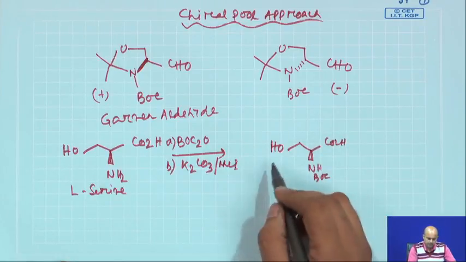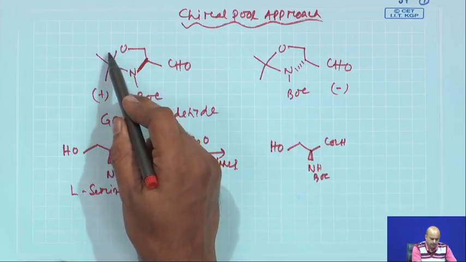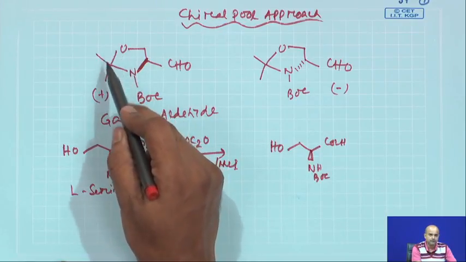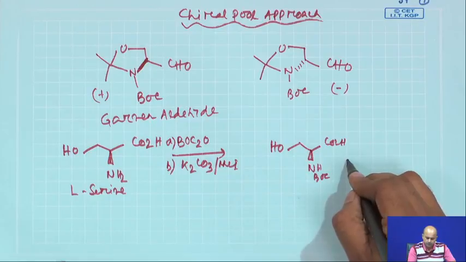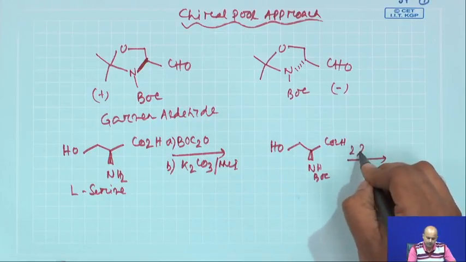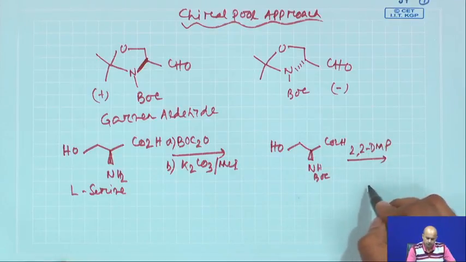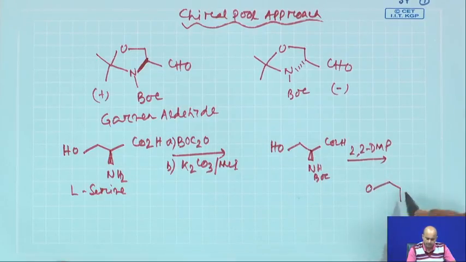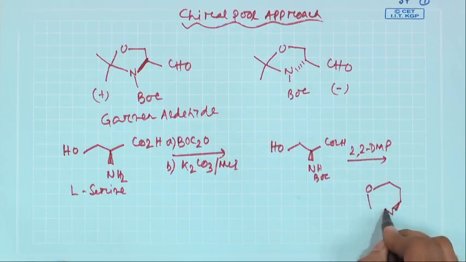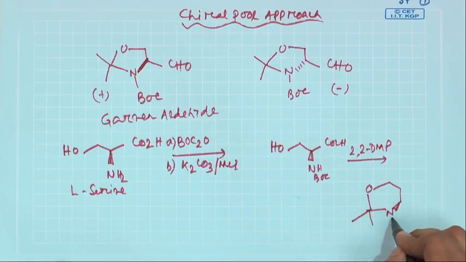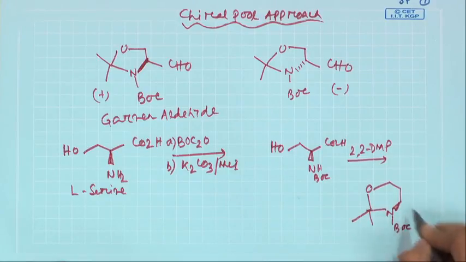Now, an acetonide protection is there in the target molecule. So, it was simply treated with 2,2-DMP or 2,2-dimethoxypropane to protect the alcohol and the amine group as its acetonide. The Boc remains the same, and then you have this CO2H.